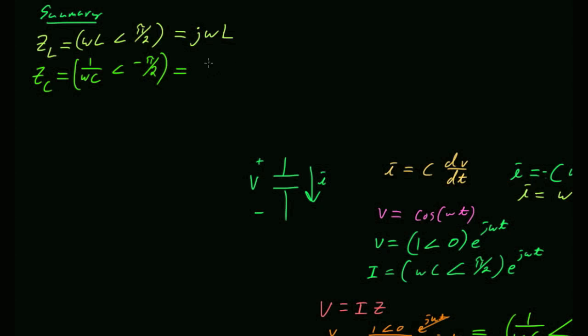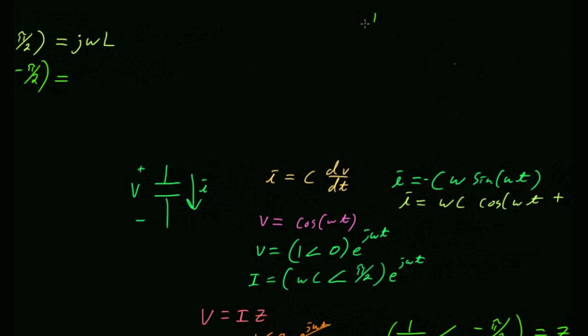I'm just looking for an alternate way of expressing the same thing. So 1 over omega C angle minus pi over 2, by definition, is 1 over omega C e to the minus j pi over 2. That's literally what that means. It's a complex number with that magnitude and that phase.